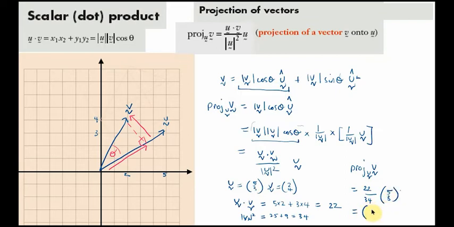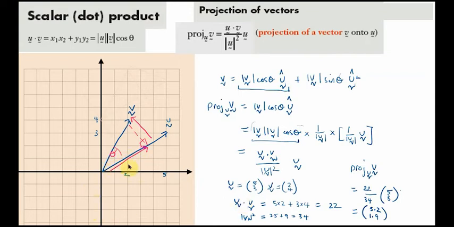Putting that in the calculator, 3.2 and 1.9, rounding to 1 decimal place. And if we come back to our diagram, 3.2 and 1.9 is just about here. So there's the projection of V in the direction of U.